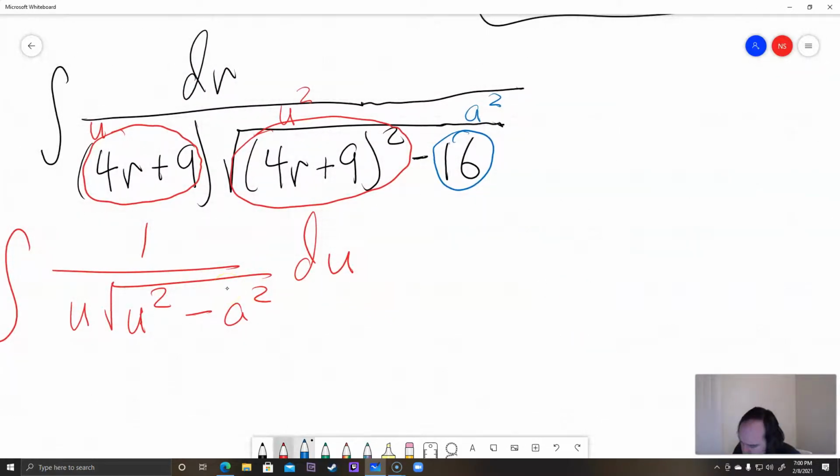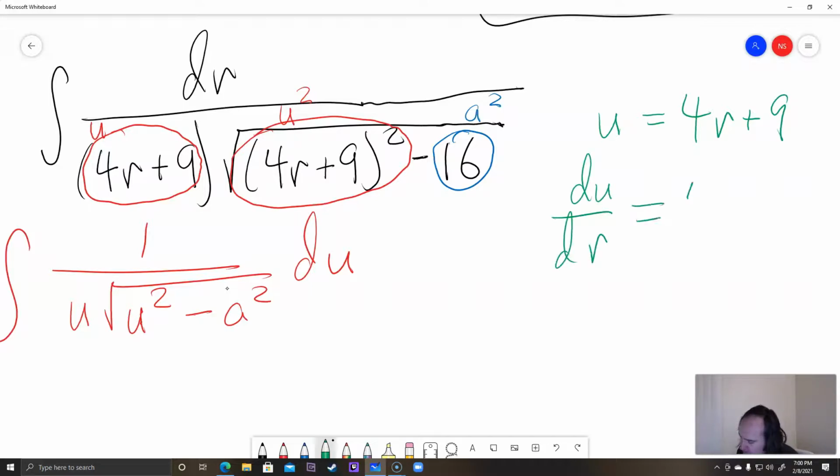Okay, so we're going to let u, I think I'm going to do this in green. So u equals 4r plus 9. And then our du/dr, the derivative, is just going to be 4, because the derivative of 4r is just 4, and the derivative of 9 is 0 because it's a constant.